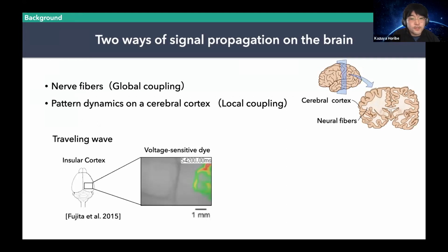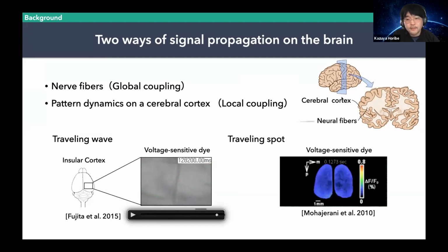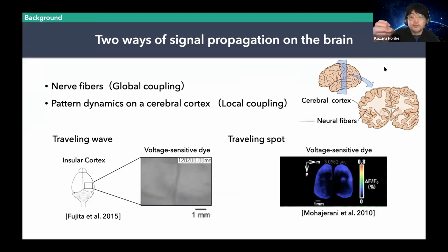For example, this is a mouse cerebral cortex, and the neural activity propagates like a traveling wave. And this is also the whole mouse cerebral cortex, and this neural activity propagates like a spot pattern.